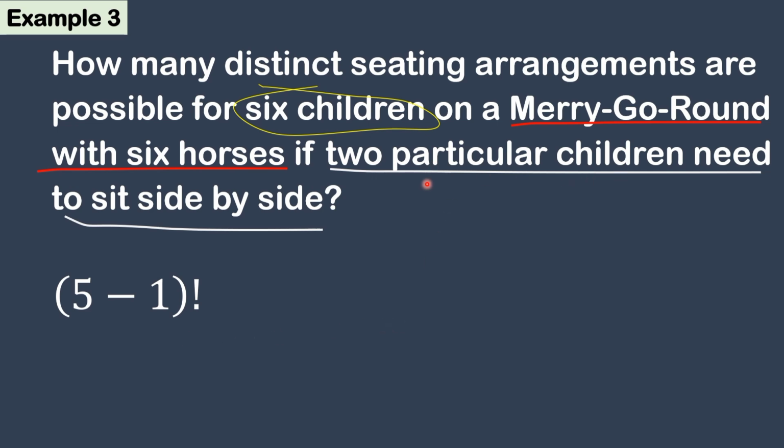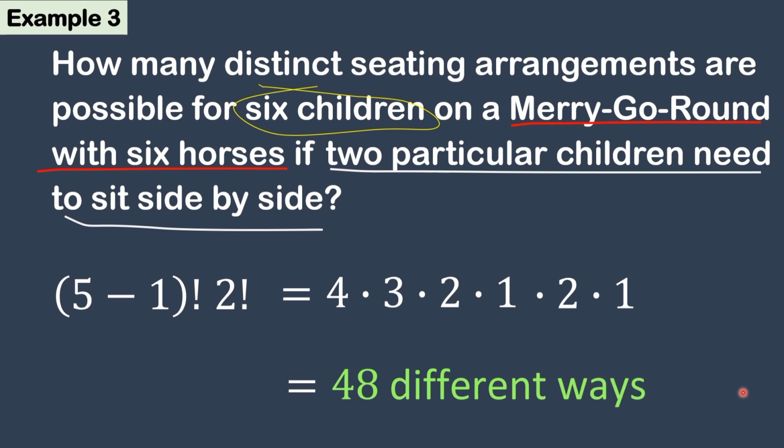The 2 particular children can switch places among themselves, so it's 2 factorial. 5 minus 1 is 4 factorial, and that is 4 times 3 times 2 times 1 times 2 factorial, which is equal to 48 different ways for the 6 children on a merry-go-round when the 2 specific children must sit together.